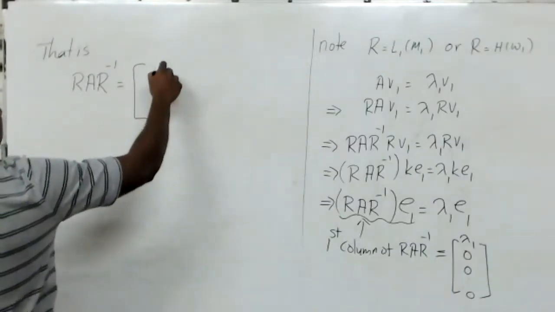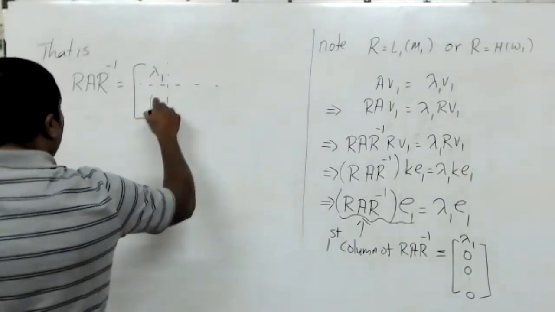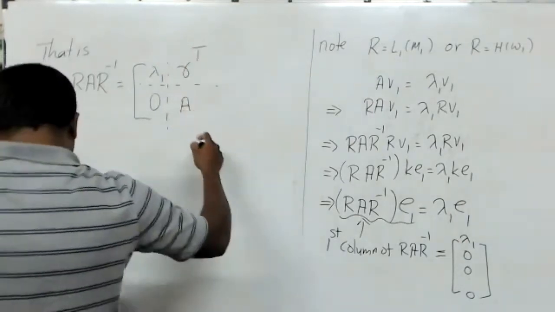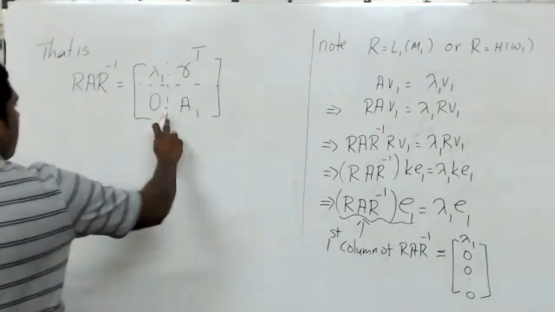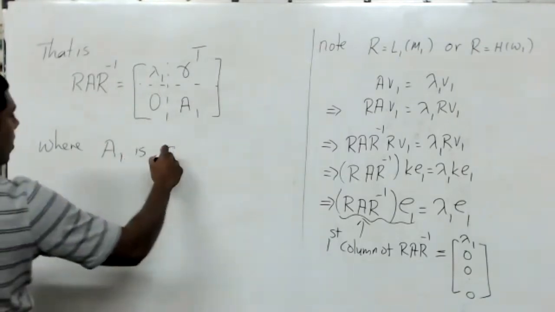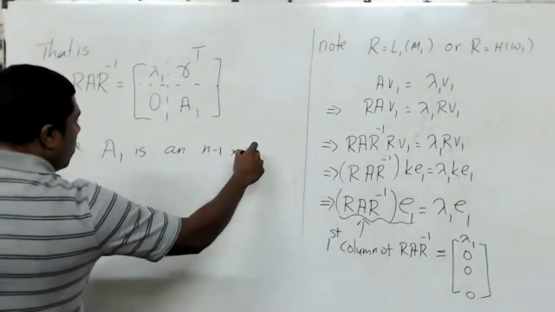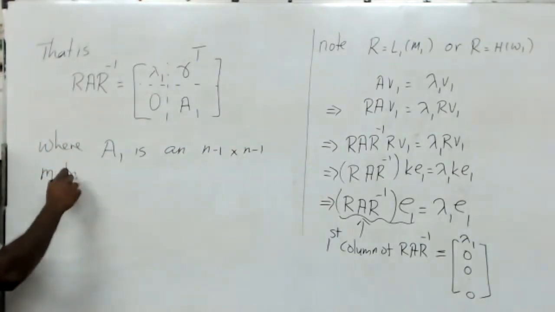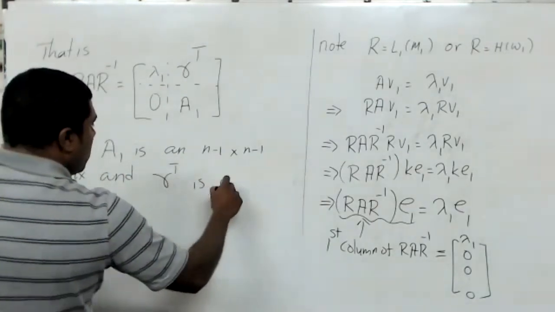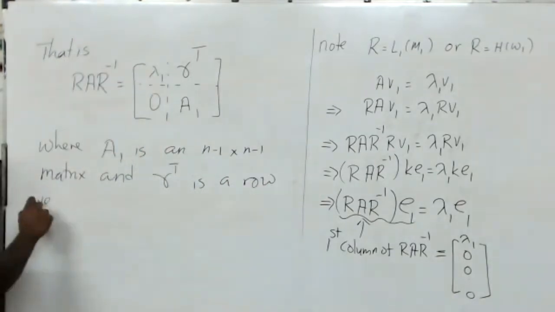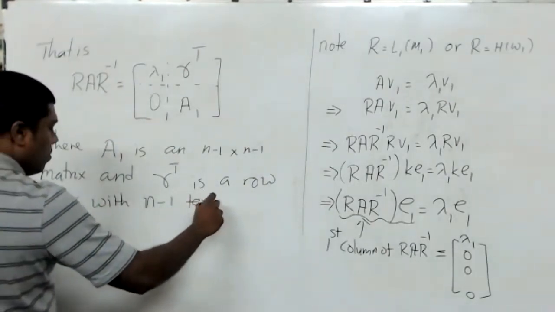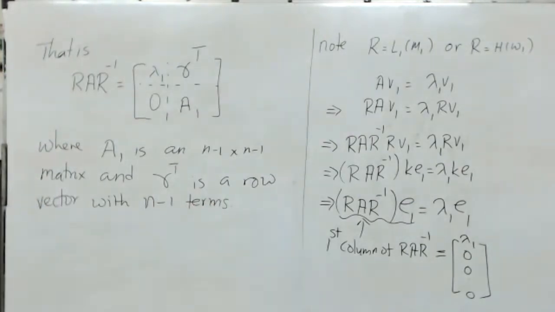Lambda 1, I have 0 here, and I have some gamma transpose and A1, where A1 is an n minus 1 by n minus 1 matrix, and gamma transpose is a row vector with n minus 1 terms. Okay, so this is what you are going to have.